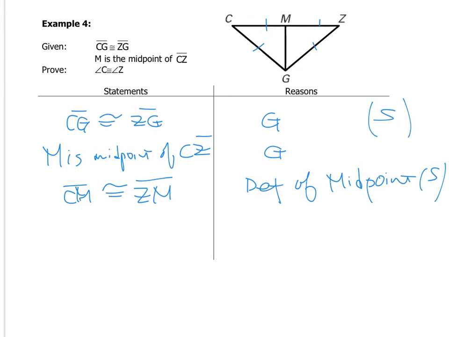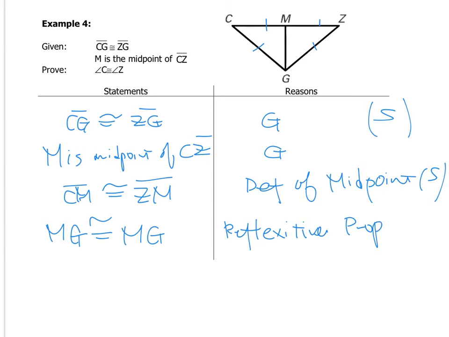And finally, if I just get my third side, which is MG, and happens to be congruent to itself, and that's the reflexive property of congruence. So now I got my third S. So by SSS, I have two congruent triangles. Triangle CMG is congruent to triangle ZMG.